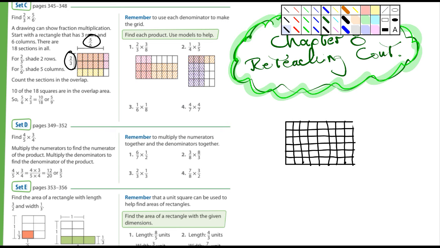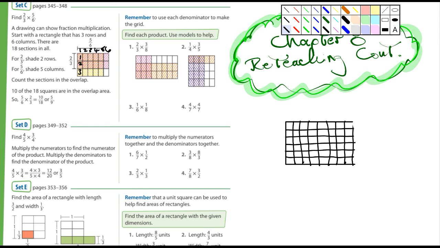And so they start off with, they draw a rectangle that has 3 rows. And you can see them here. Here's 1, here's 2, here's 3. So those are the 3 rows they're talking about. And then 6 columns. And so 1, 2, 3, 4, 5, 6.